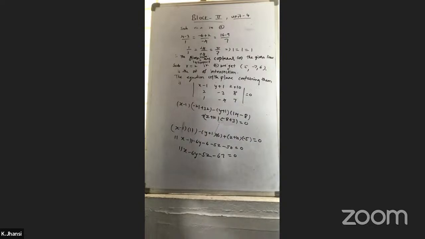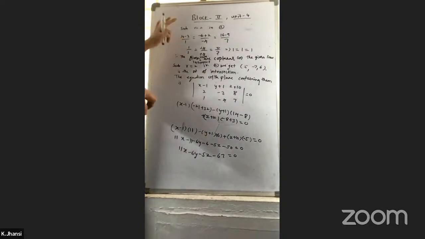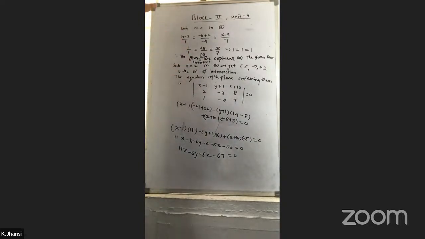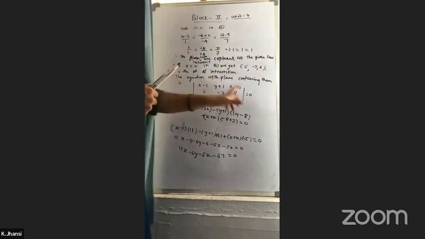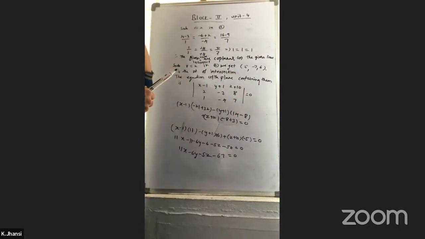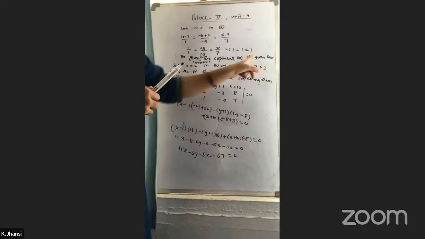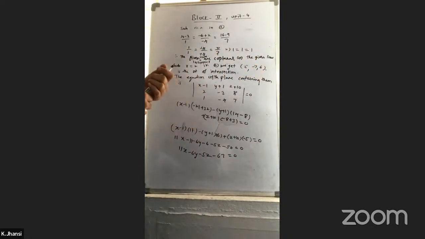Tomorrow we'll see one more problem on symmetrical and unsymmetrical forms of the line equations to show coplanarity, or for intersection also the same condition, it should be equal to 0. Or else, as in the problem we have done, we take it equal to r, and then if the problem asks to find the point of intersection, you follow the same procedure.